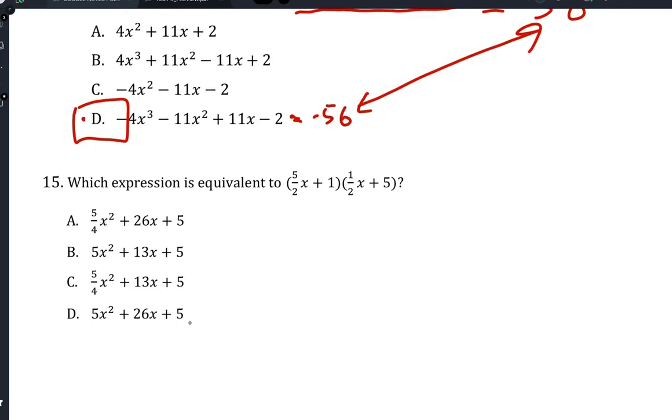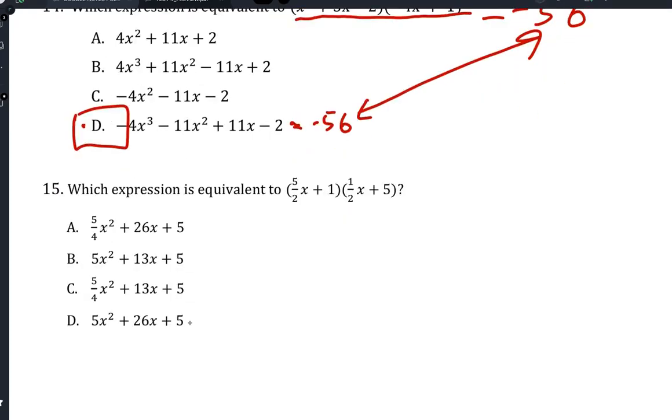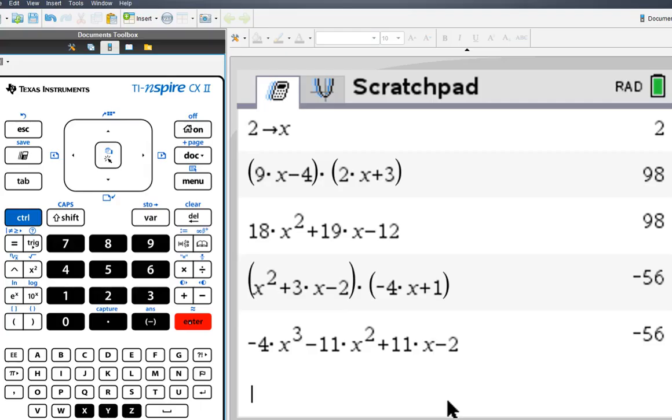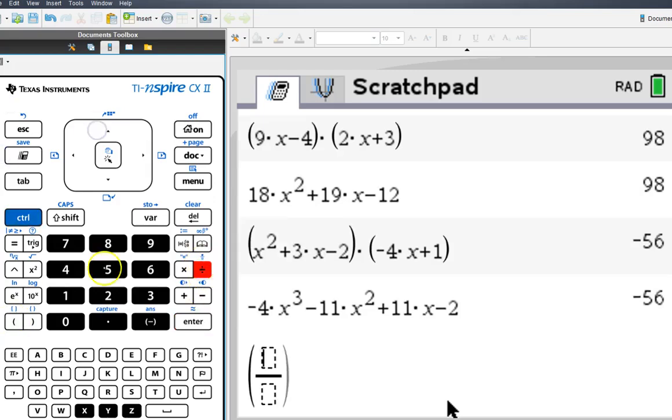And lastly, this one, the same thing. We're just going to type this into the calculator and match up the right answer. Since we have x, we don't have to store x again. So go to your calculator, parentheses, control divide, 5 down 2, right arrow, and then x, and then plus 1, close the parentheses, open the parentheses, and then 1/2, which is control divide, 1 down 2, right arrow button, x, and then plus 5.